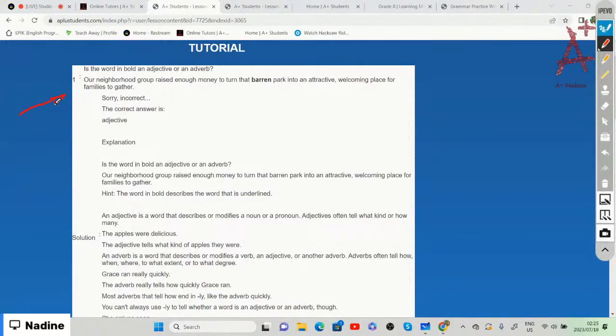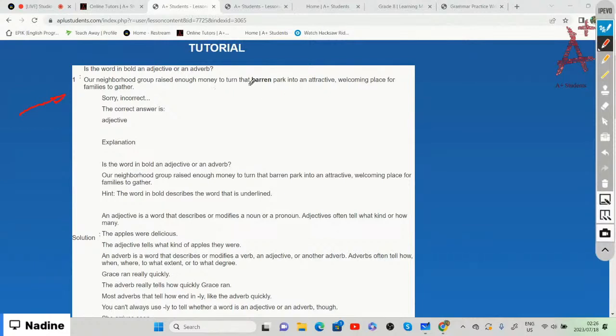So barren describes the park. What kind of park? It is a barren park.